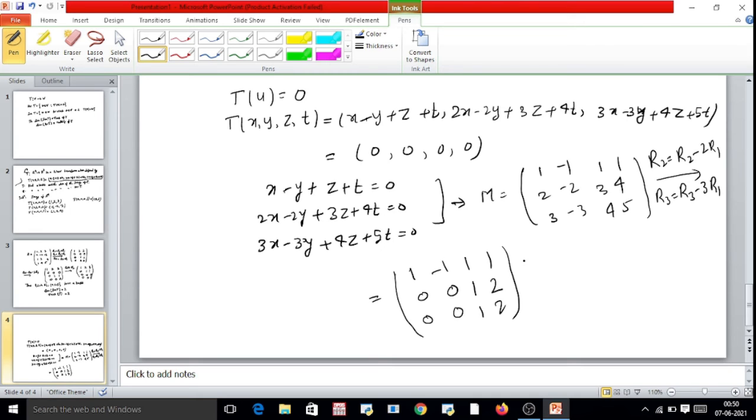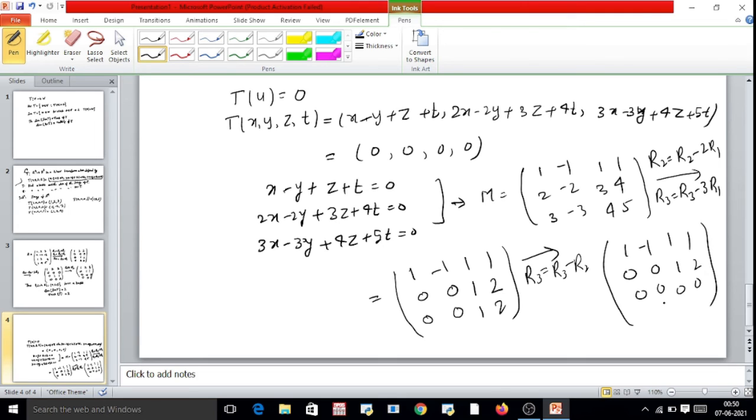Now again apply an operation on rows. So R3 is equal to R3 minus R2, and what we get is 1 -1 1 1, 0 0 1 2, 0 0 0 0.